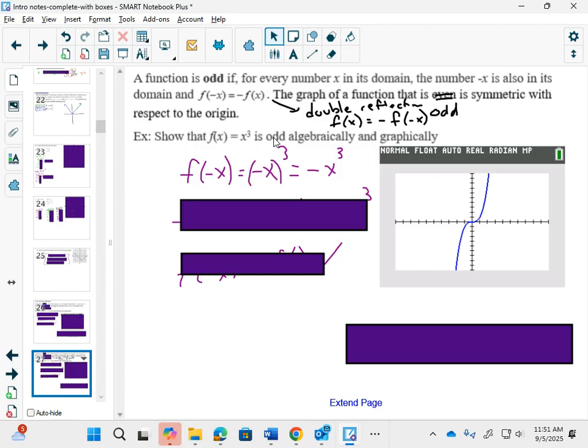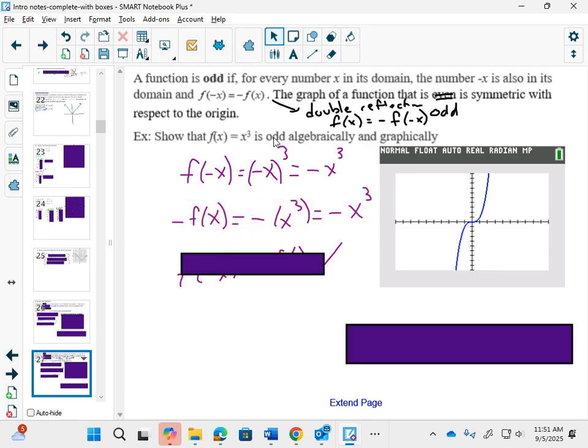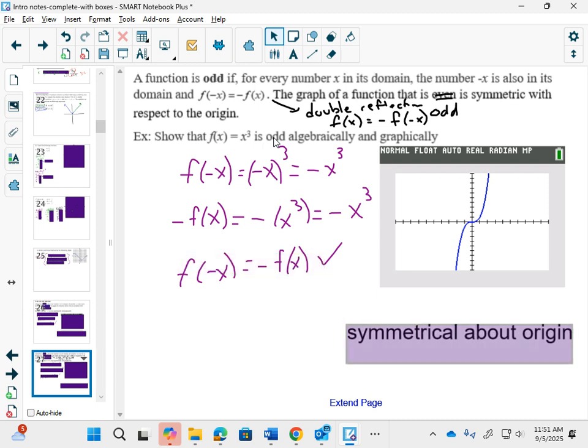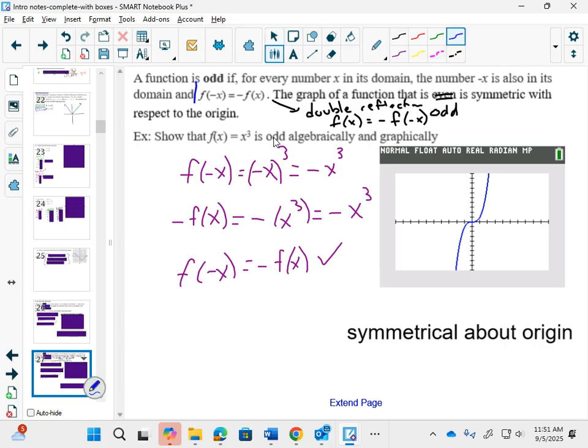So if it doesn't, I could try the other one, negative f of x, and see what happens if you put the negative out in front. Sure enough, you get negative x cubed. So these two match up, and it is odd. So again, to prove something is odd algebraically, you need to show this.